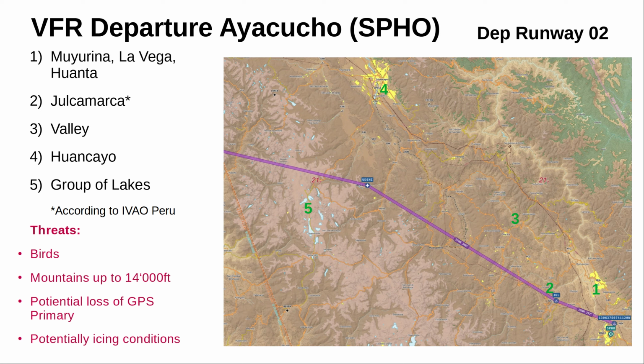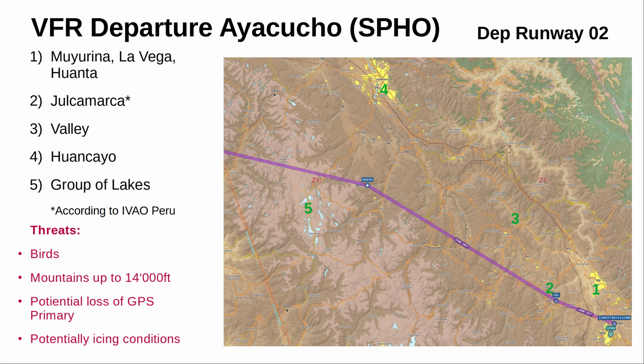On this departure, there are some potential threats that we have to take care of. Now, the birds, of course, as always. Now, I think the birds are not included in X-Plane, but theoretically there can be birds. Mountains here, they are not going to be higher than 14,000 feet.